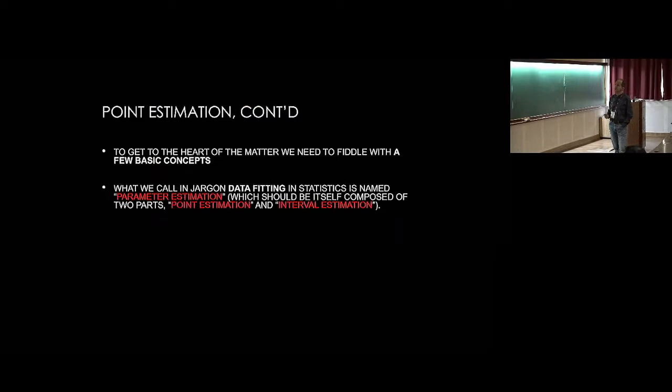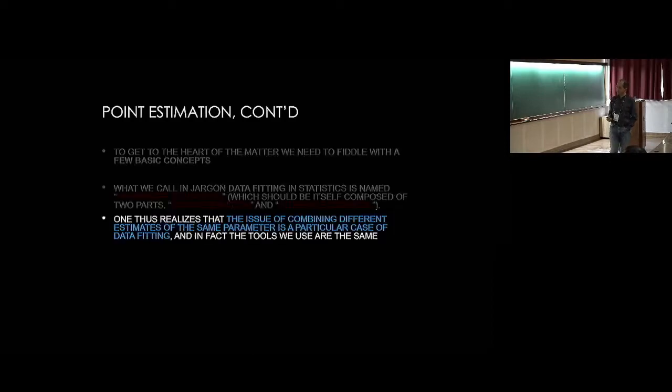So we said it. Parameter estimation in statistics is divided in point and interval estimation. The issue of combining different estimates of the same parameter is in itself a particular case of data fitting, because it's easy to understand, right? This is the CMS measurement of the top quark mass, and this is the Atlas measurement of the top quark mass.